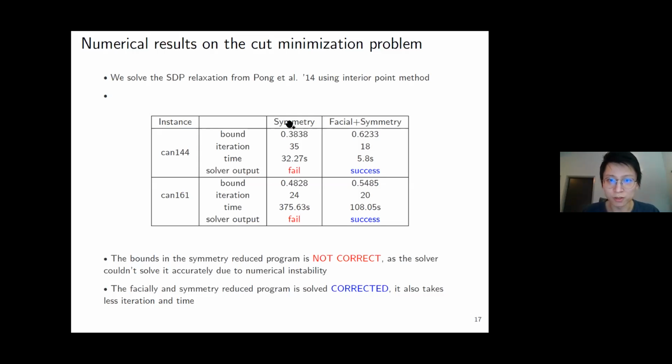And when you solve the symmetry reduced program, which people do currently, then the solver will say at the end that it fails and it cannot find an accurate solution. And it takes a lot of time and a lot of iterations.